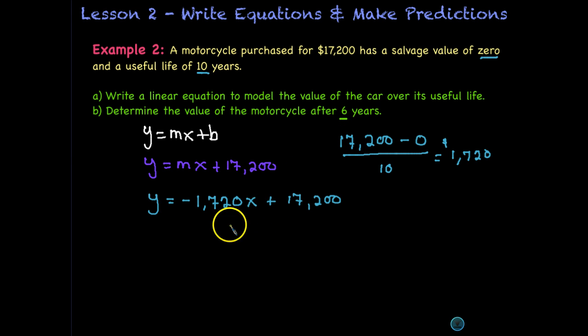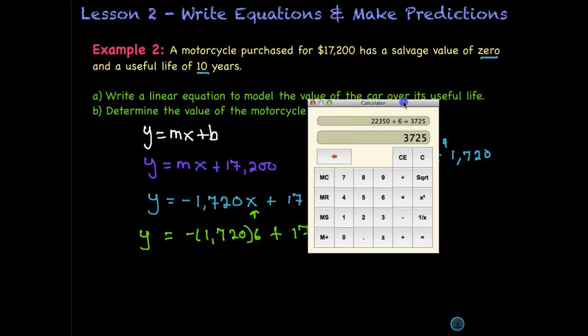Well, always go back to think about what x and y means. X means years. So if we plug in a 6 right there for years and multiply it by the 1,720 and then subtract that from 17,200, we should be able to find y, which is going to be the value of our motorcycle after that time period.